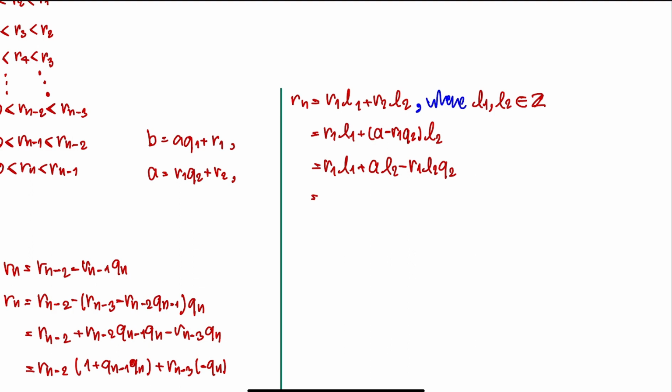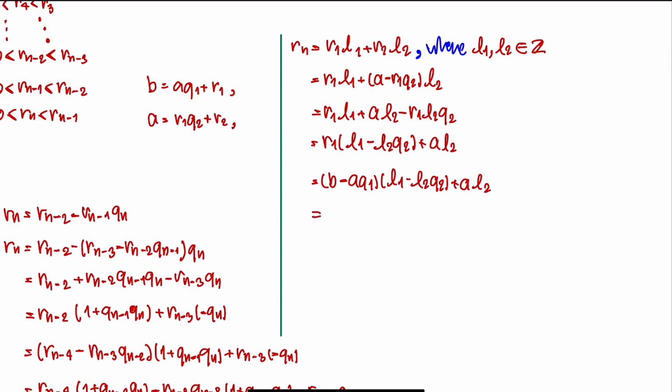Then we're going to have R1 (L1 minus L2 Q2) plus A L2. Then what do we have? We substitute R1 by this equation. So we're going to have (B minus A Q1)(L1 minus L2 Q2) plus A L2.